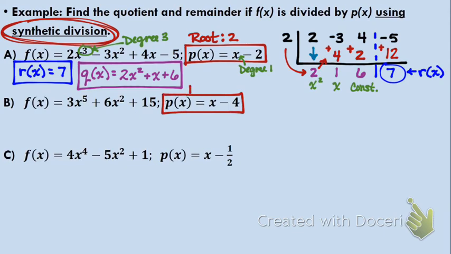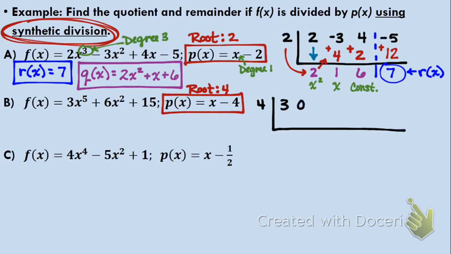Part B, what's my root? 4. So I have a 4 on the outside, and then I need my coefficients starting with the highest power of x. So what's my first coefficient? 3. That's x to the 5th, so then I have to move to x to the 4th. What's the coefficient for x to the 4th? 0.